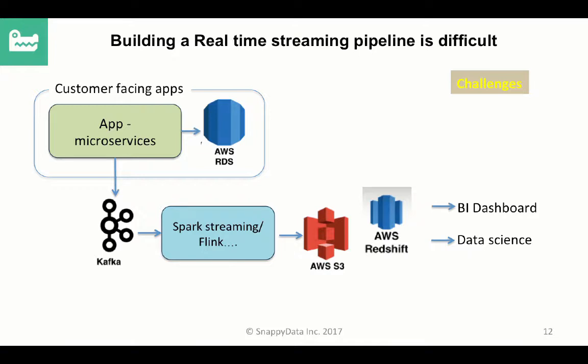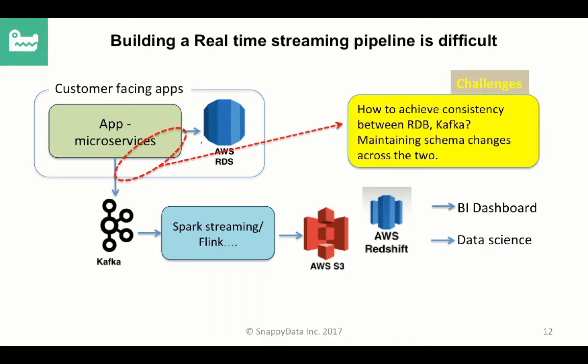Then the Kafka messages would have to be decoded by using Spark Streaming, Flink, or you can substitute your favorite stream processor. And then finally write it out to your analytical store. If you're operating in the cloud, maybe you're writing it to S3, formatted in Parquet, or maybe you're writing it out to a traditional warehouse like Redshift.